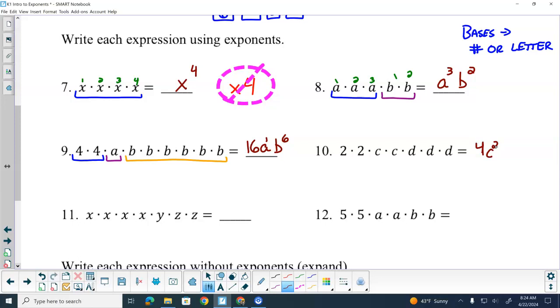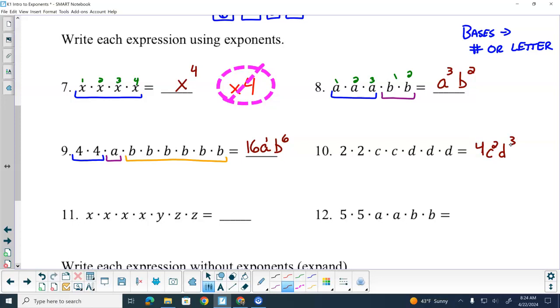D to the 3rd power. Yep, exactly. Everybody get that? 4C squared, we could also write it as C squared, D cubed. An exponent of 2 is squared and an exponent of 3 is cubed.